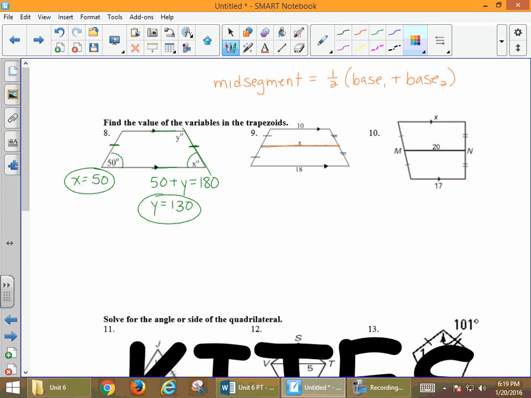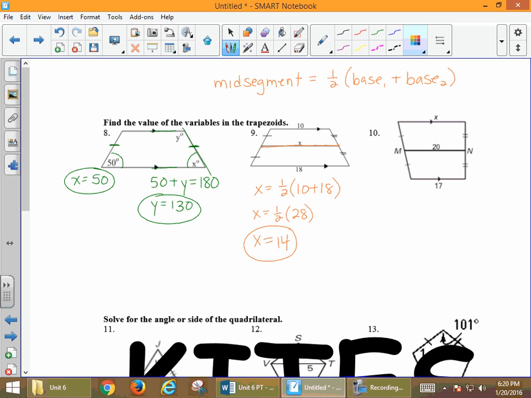So as I look at number 9, the mid-segment's length is x. It is equal to 1/2 of the sum of the 2 bases, 10 plus 18. So x equals 1/2 of 28. Half of 28 is 14. The length of the midsegment is half of the sum of the bases.